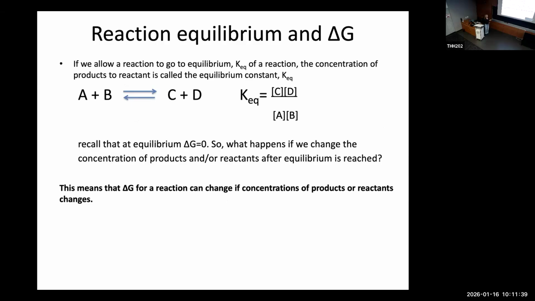But if there's an enzyme there, the reaction will come to equilibrium fairly quickly. And then you will be left with a certain amount of concentrations of the products and a certain amount of concentration of the reactants. And that's called the equilibrium constant. Whatever that ends up being, that will be the equilibrium constant for that reaction. Are these all going to be equal?